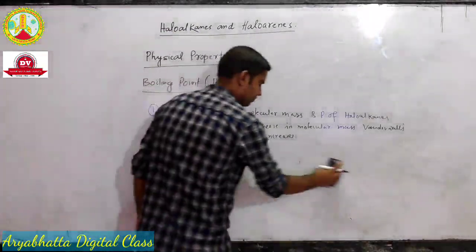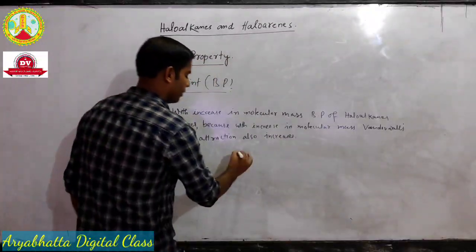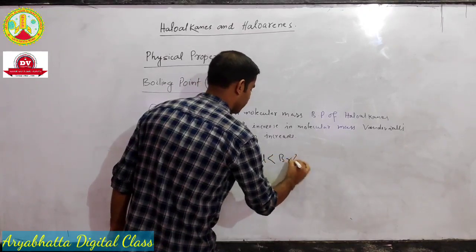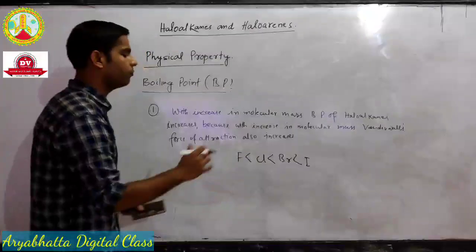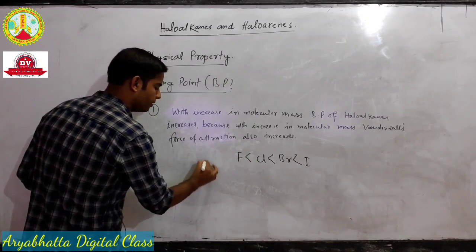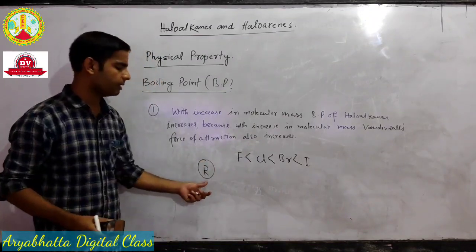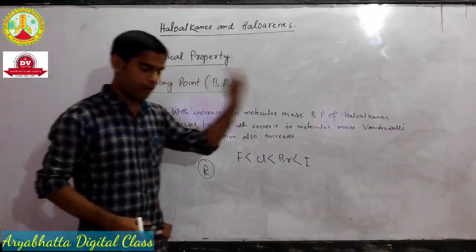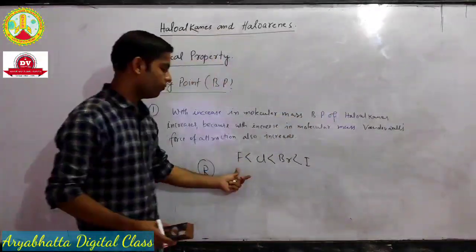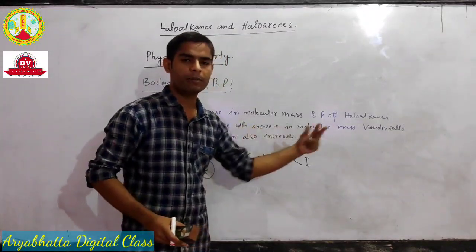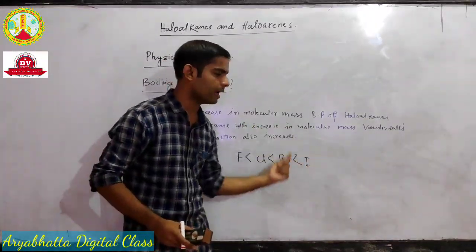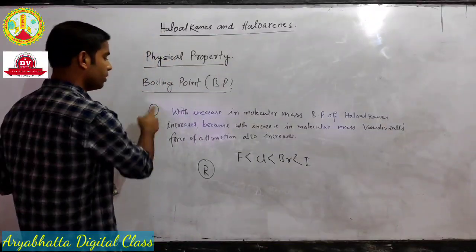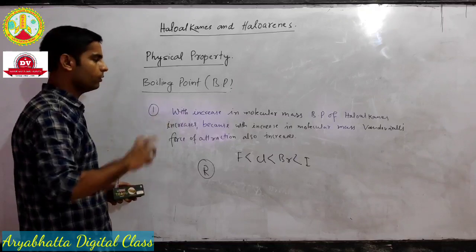So in general, this is the order for boiling point: if we fix the number of carbons in the alkyl chain and keep changing the halide part, then from fluorine to iodine boiling point increases, as iodine has the highest molecular mass. This was the first case.